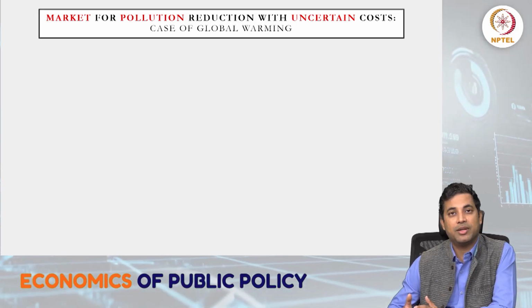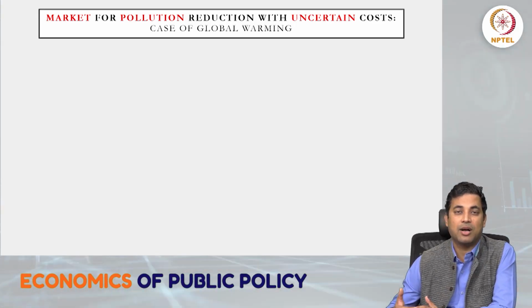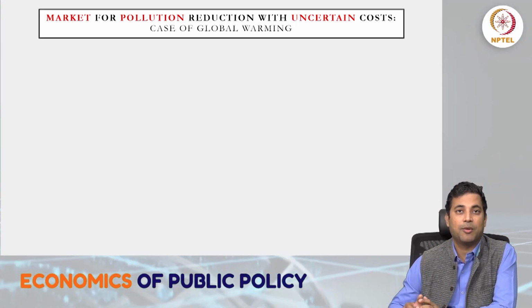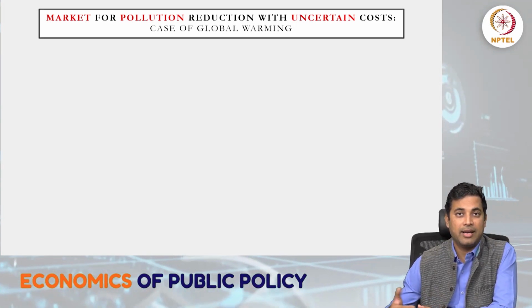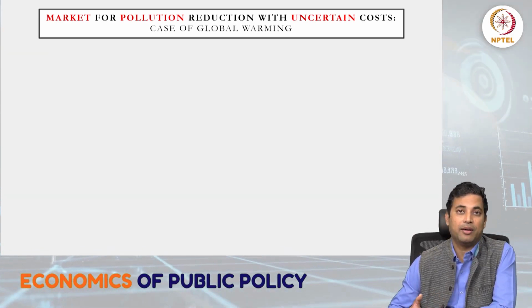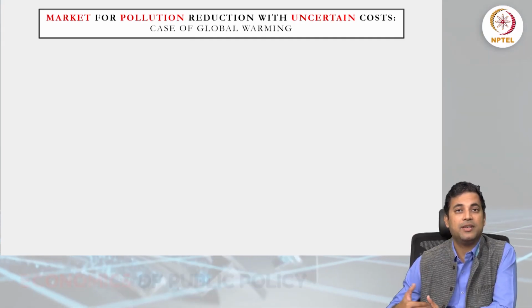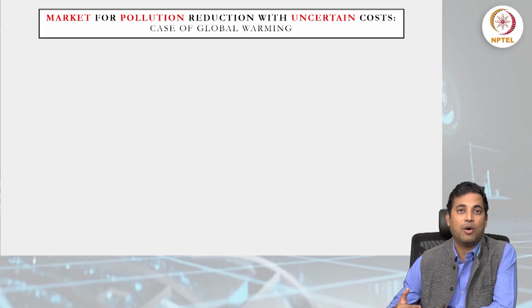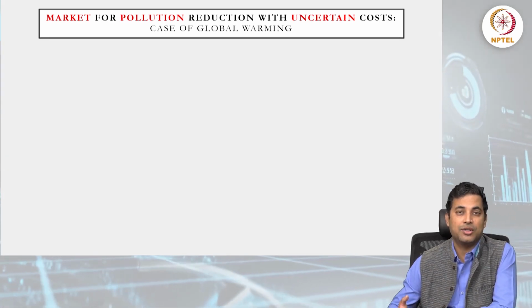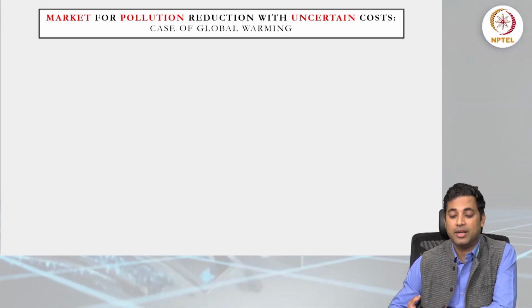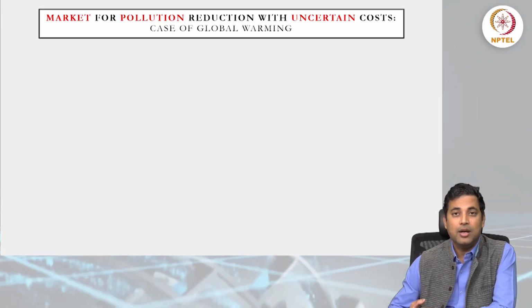And when we talk about this, uncertainty also comes in a big way, because for the firms or for the government, as policy makers, it is very important to understand what the cost is. If it is unknown, then obviously the entire policy frame or design or firm's reaction will all be based on probability or uncertainty.